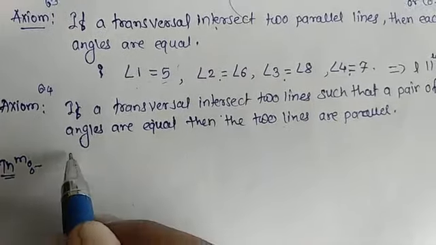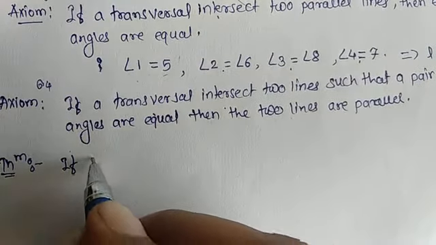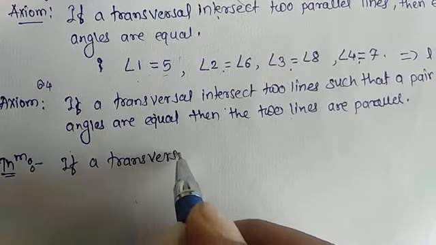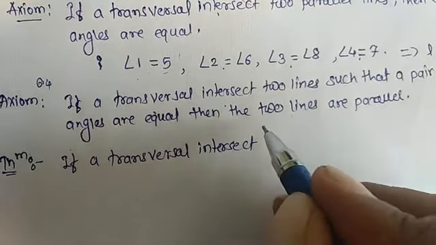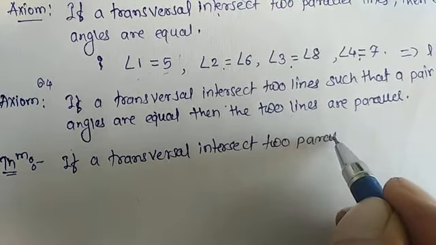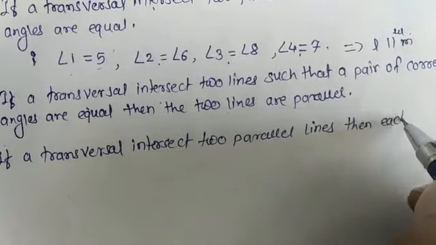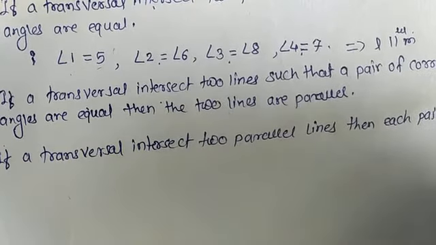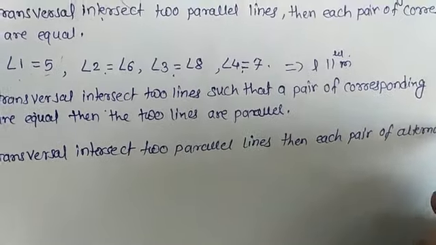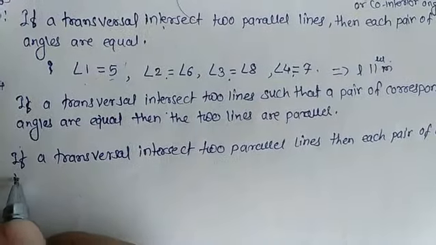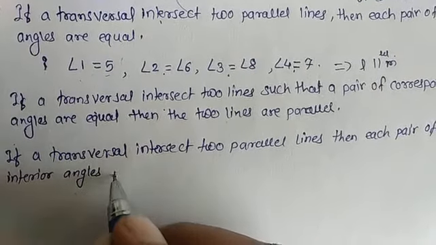Next, there is a theorem. If a transversal intersects two parallel lines, then each pair of alternate interior angles is equal.